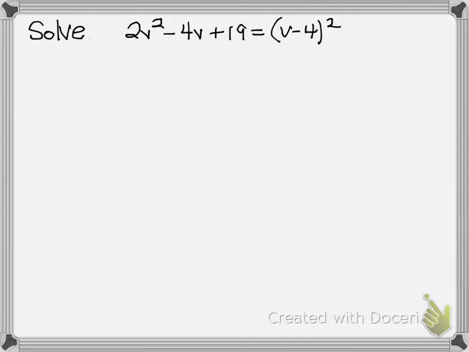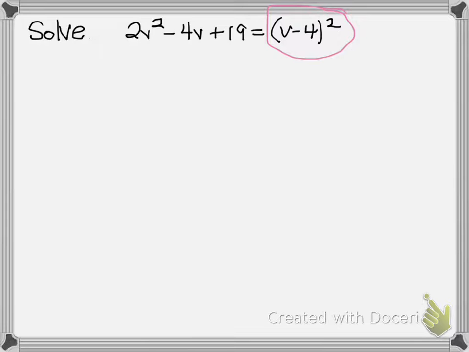Okay, so right away, I know that one's going to be a quadratic. And it looks scary, but I promise it's really not. You guys can do this one. It's actually pretty simple, okay? The first thing you should notice is over here, you've got this binomial v minus 4, and it's squared.